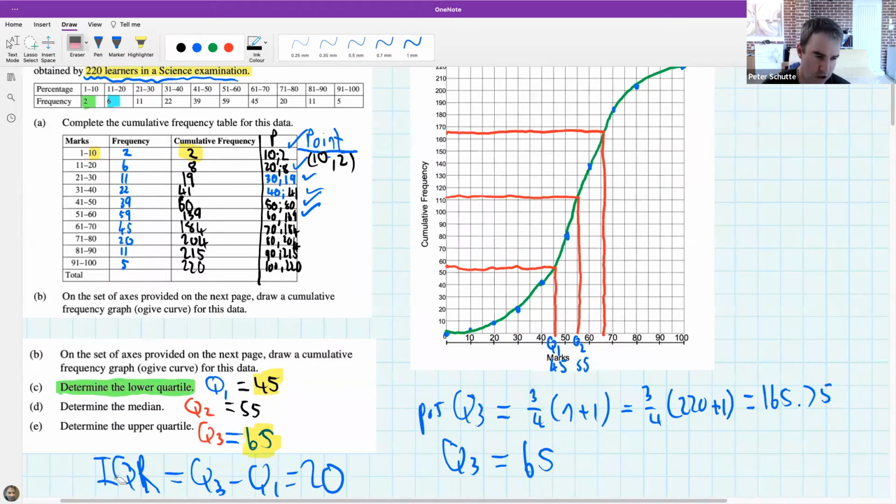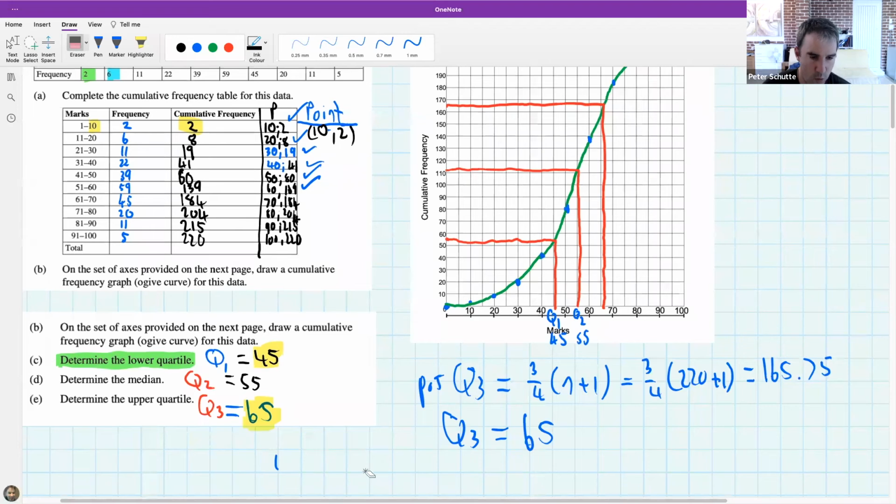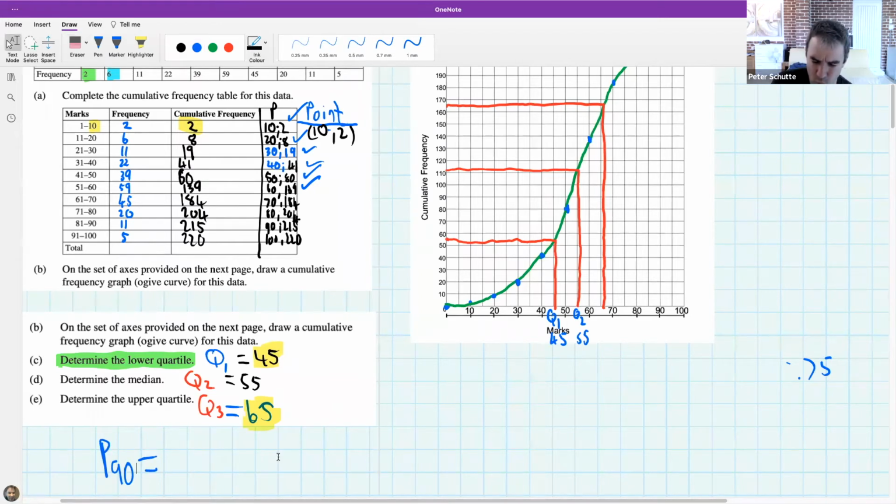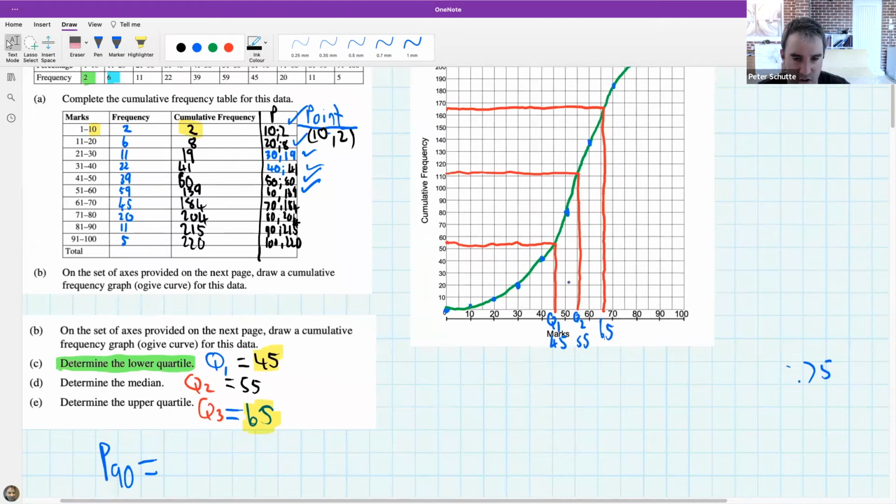I want to know, what is an estimated value for P90? If I said to you, determine the estimated value of P90, so I'll put here P90. And then I also want to know from you, what does P90 even mean? Can someone help me? There might be some students who've joined us later in this course.